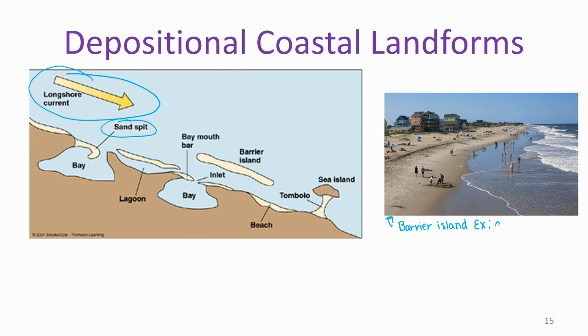This is a picture of, let me write out an example actually, the Outer Banks of North Carolina. It's features like these that serve to protect the main coastline from things like hurricanes.